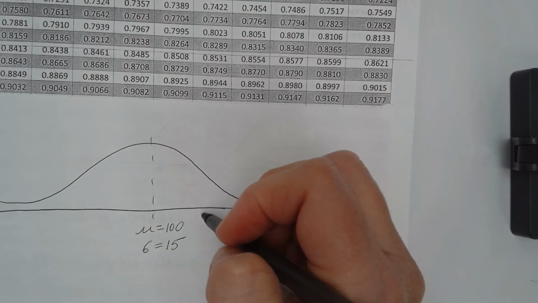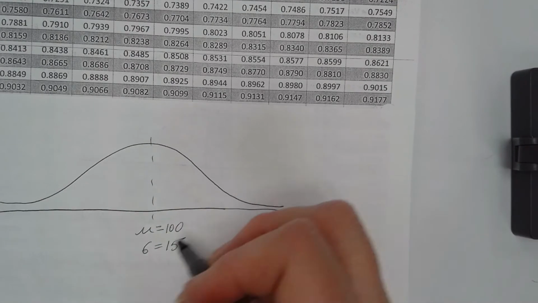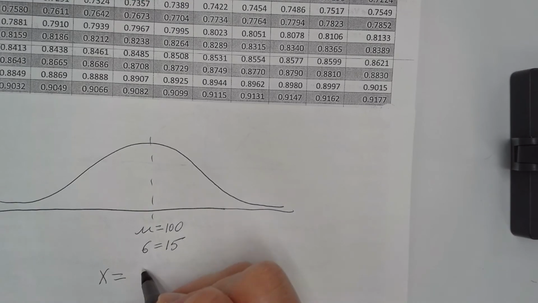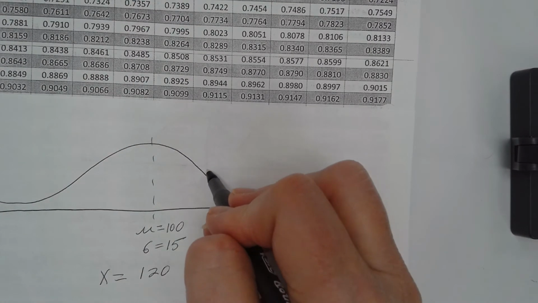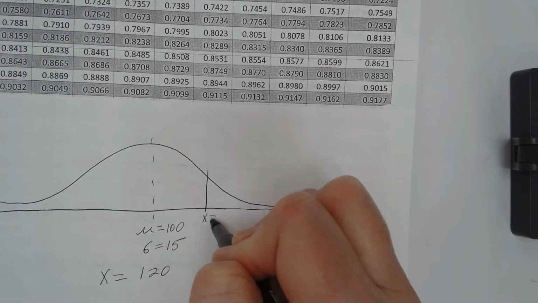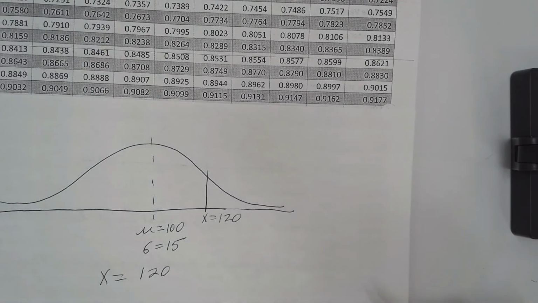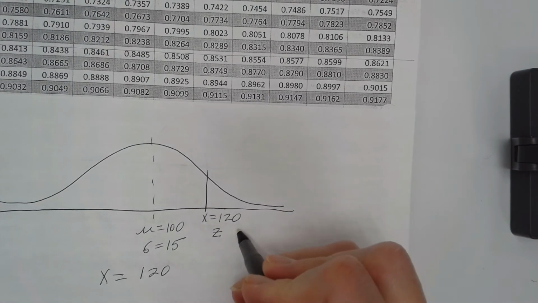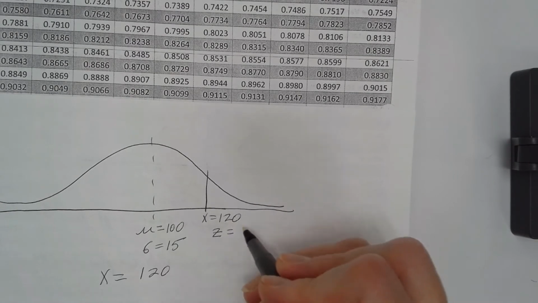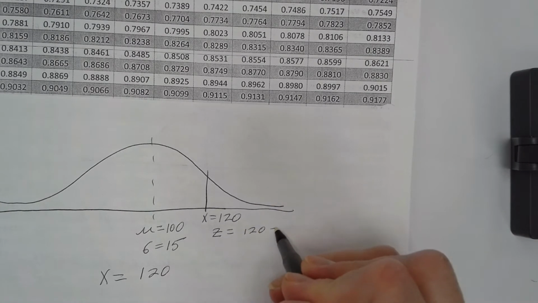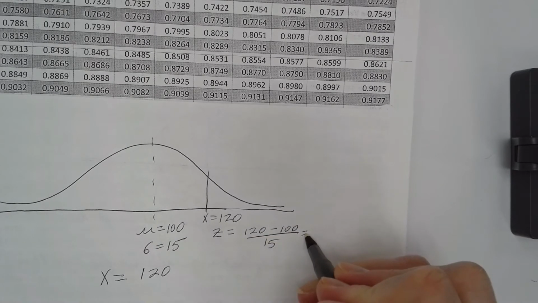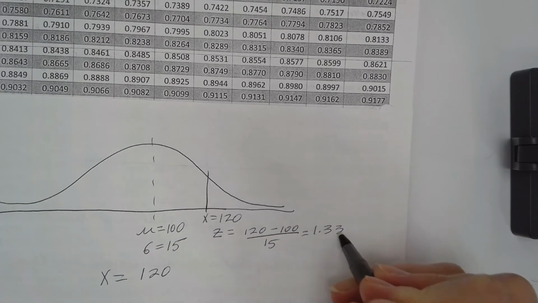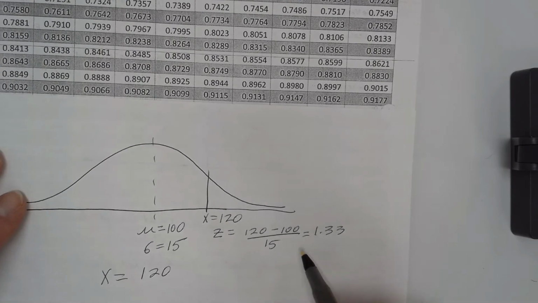And then we said one individual has an IQ score of 120. Okay, so 120 is out here somewhere. X equals 120. I changed that to a z by taking the x value minus the mean divided by the standard deviation to get 1.33. Then you look at the table.